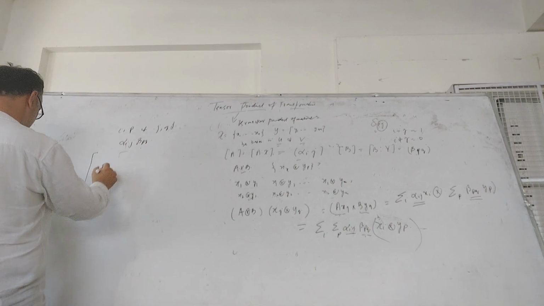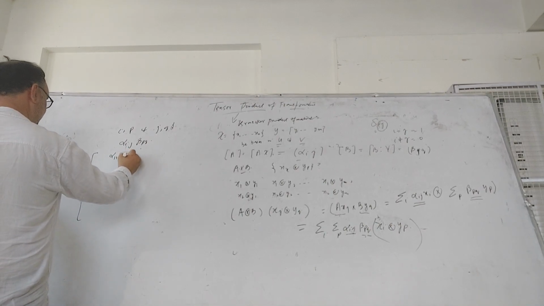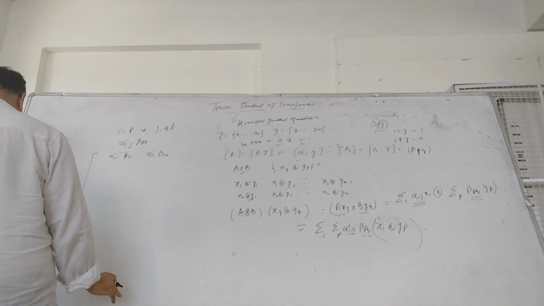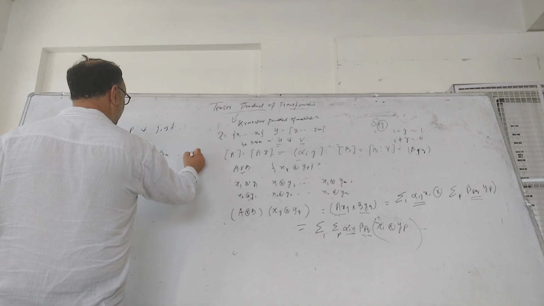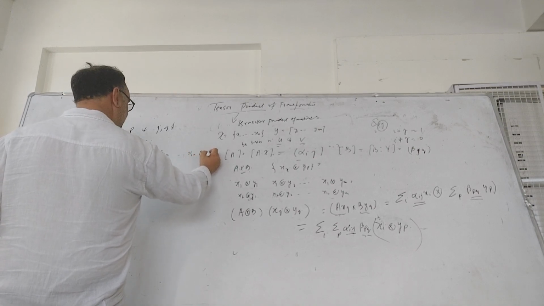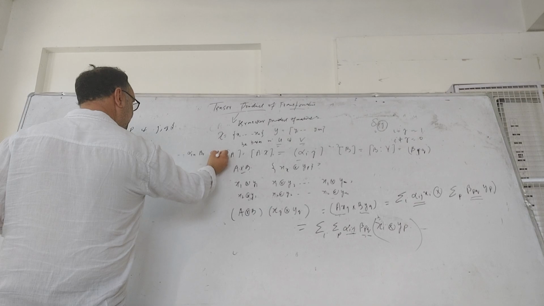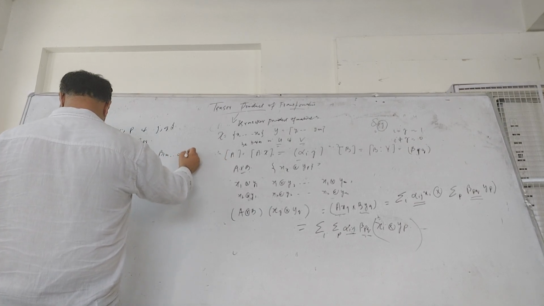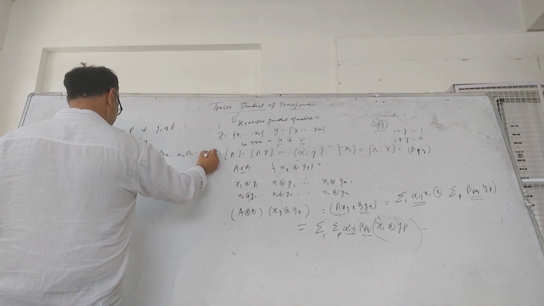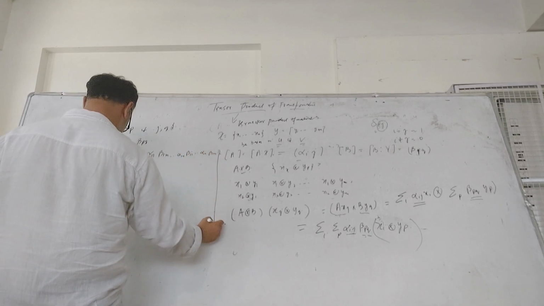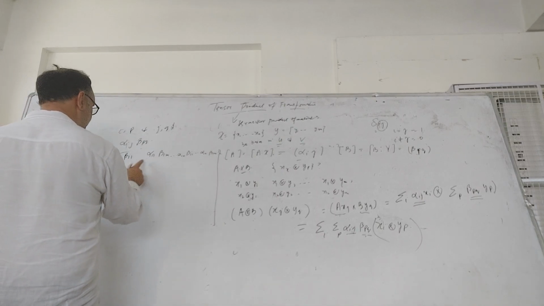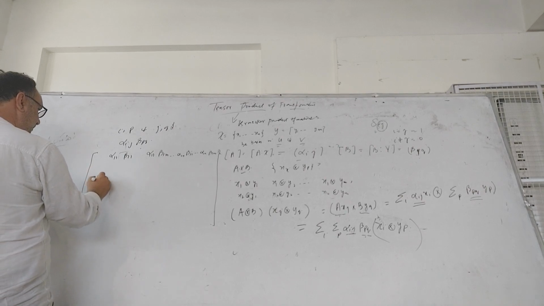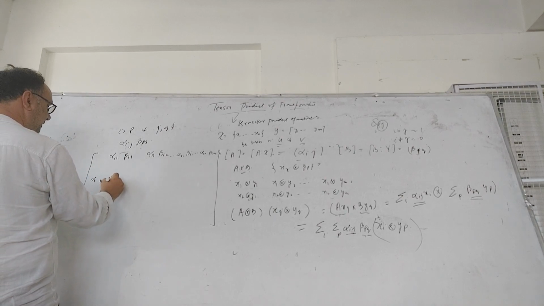So it will be alpha 11, beta 11, alpha 11, beta 1, and so on and so forth. Then alpha 1n, beta 11, alpha 1n, beta 1m. So you can see this is alpha 11, beta m1.